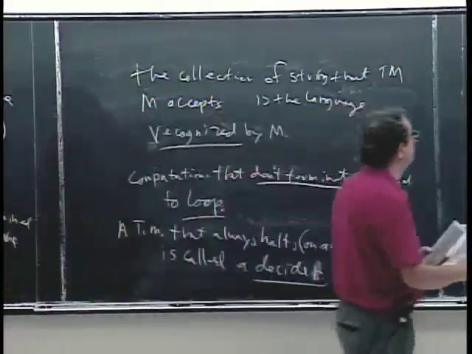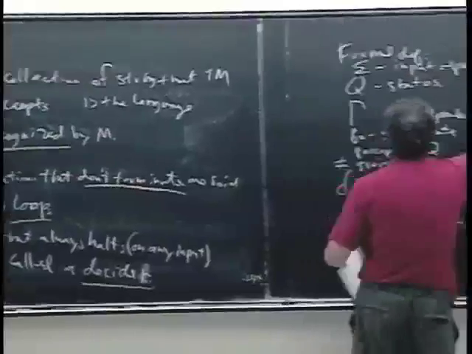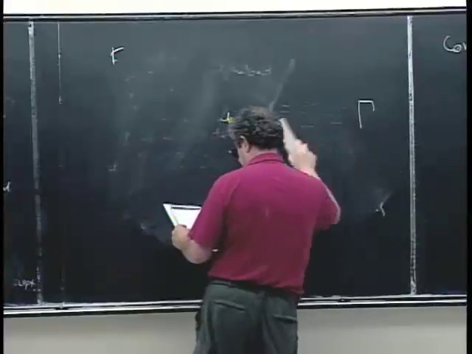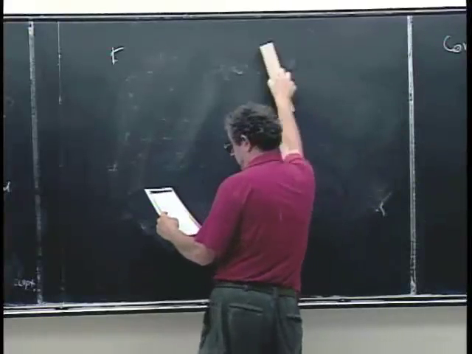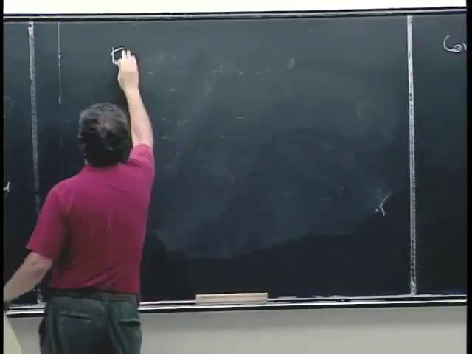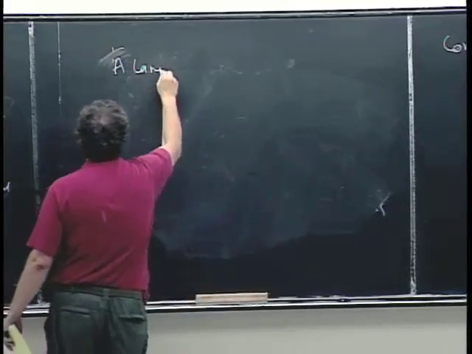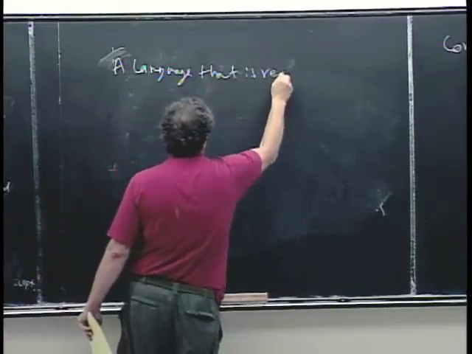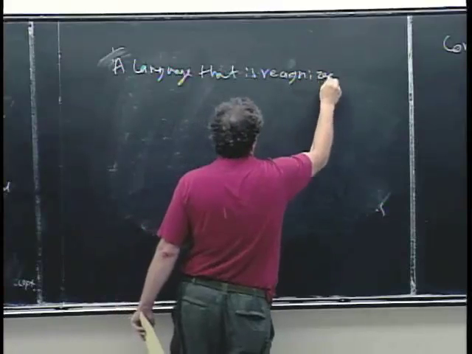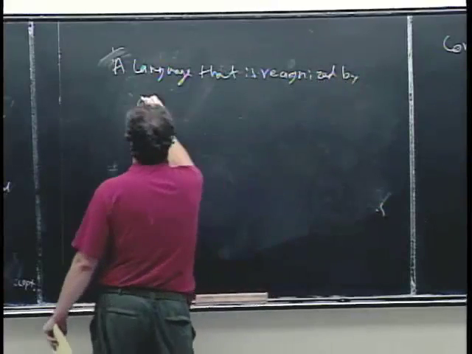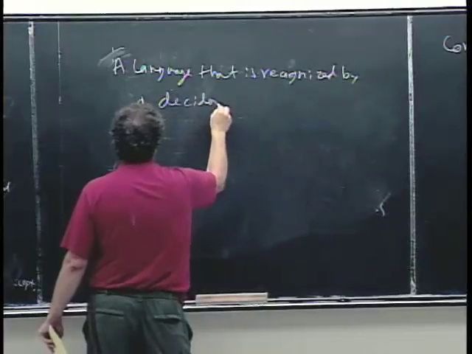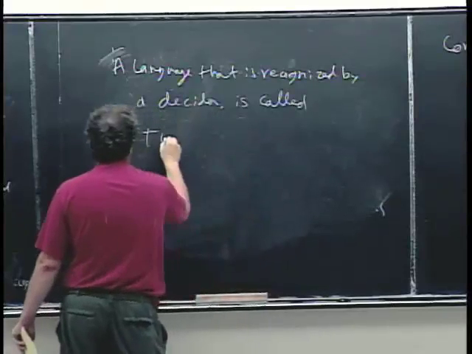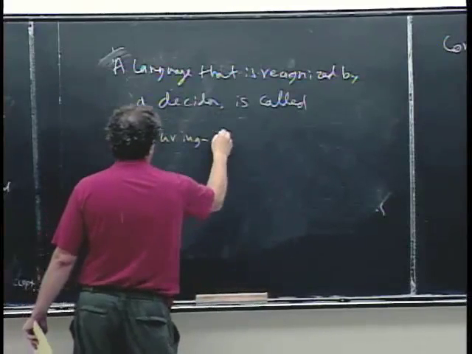And then a language that is recognized by a decider is called Turing decidable.